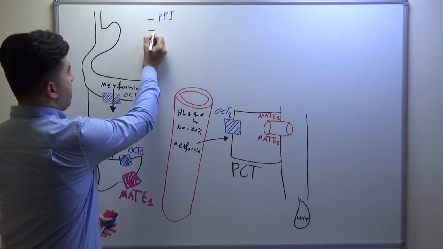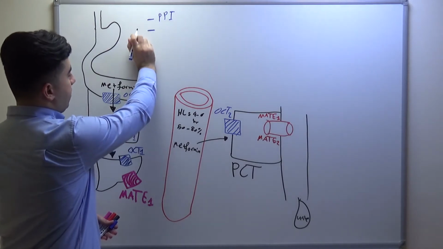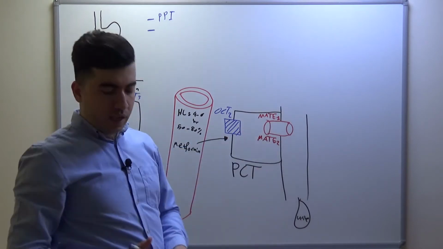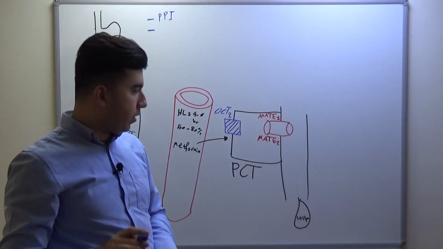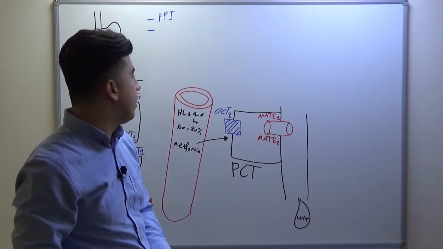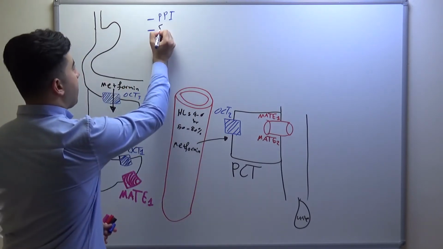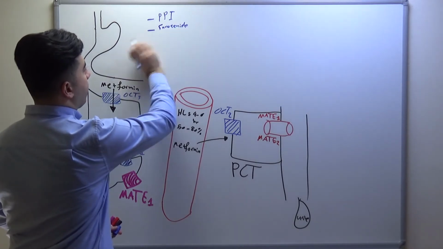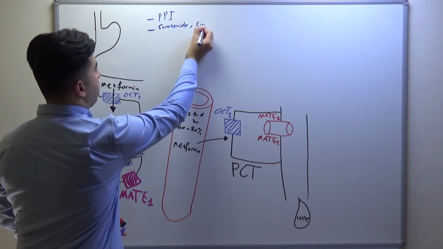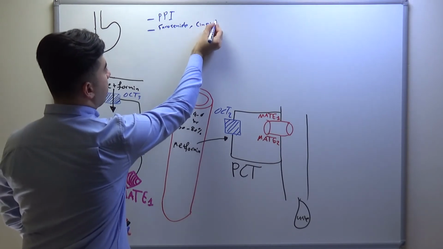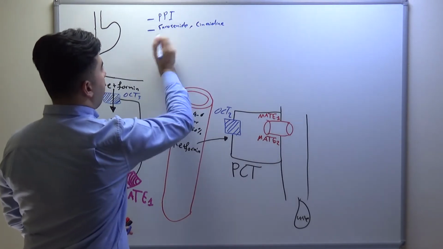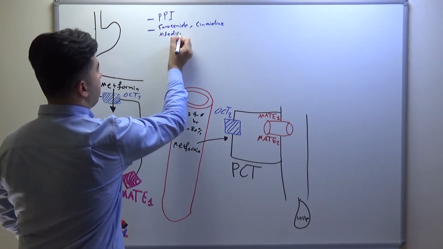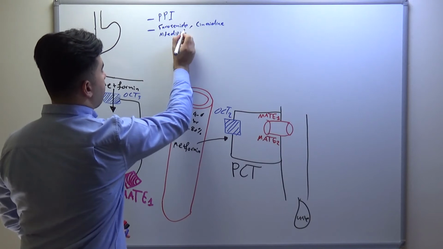Another example of drug interaction is drugs that compete for MATE1 or MATE2 and reduce metformin excretion through the kidney. For example, furosemide, or cimetidine, an H2 blocker, and also calcium channel blockers.